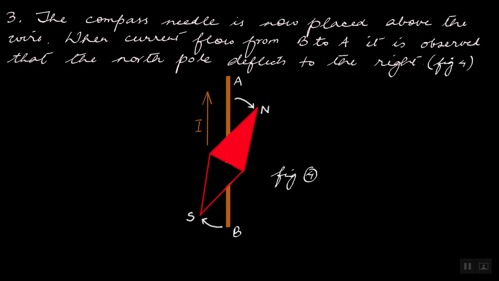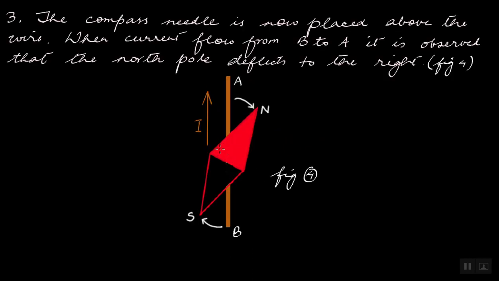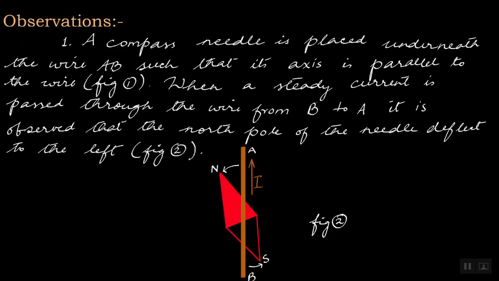Next, the compass needle is placed on top of the wire. When the current is allowed to flow from B to A, now the deflection is towards the right side. Before, when the magnet was below the wire, the deflection was towards the left side.